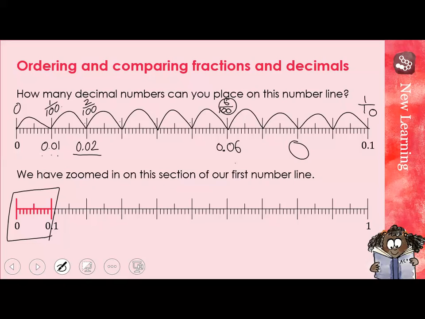And well done if you worked out that along here I've got 0.01, 0.02, 0.03, 0.04, 0.05, 0.06, 0.07, and 0.08, which is obviously equal to 8 hundredths.